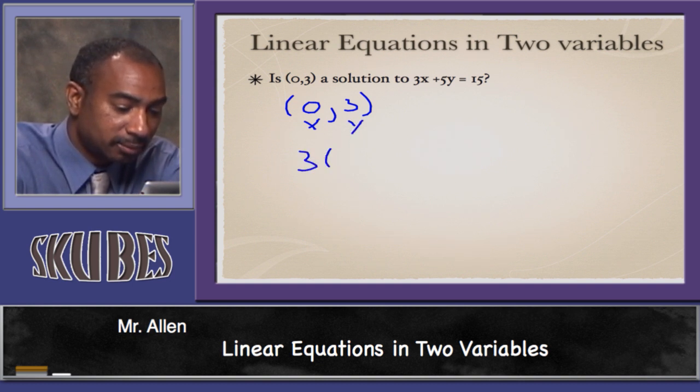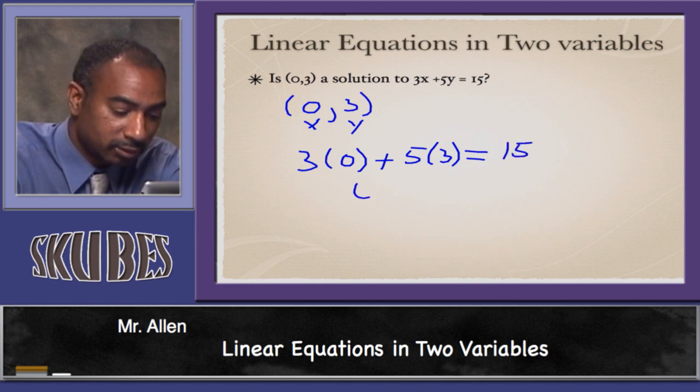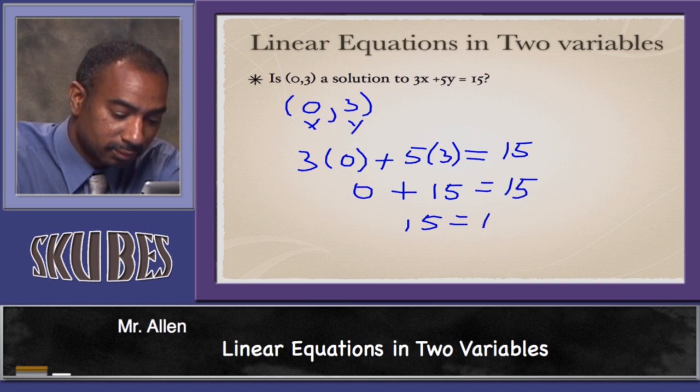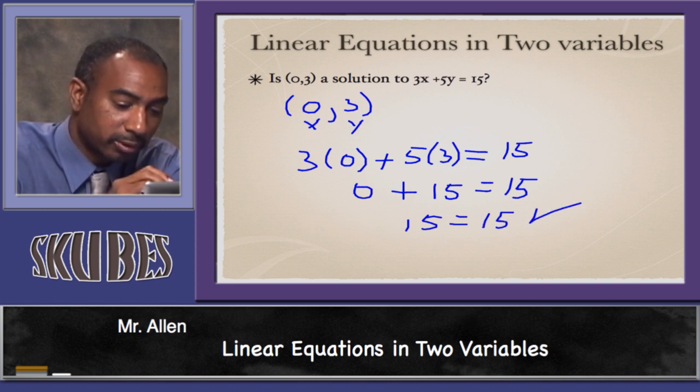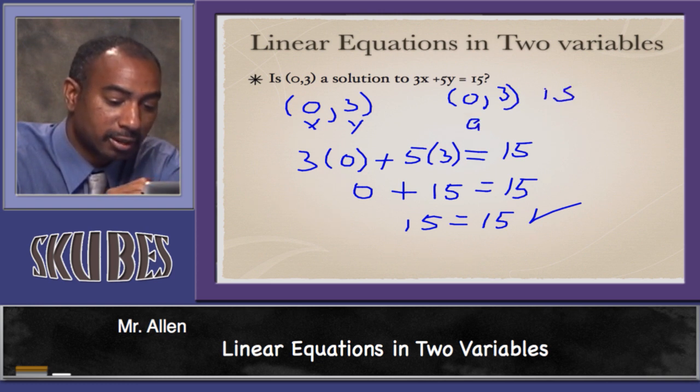So I'll say 3 times 0 plus 5 times 3. Does that equal 15? Well, that's 0 plus 5 times 3, which is 15. 15 does equal 15. Therefore, yes, (0, 3) is a solution. That means this point's on that line.